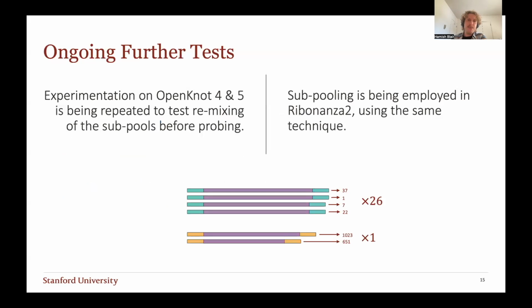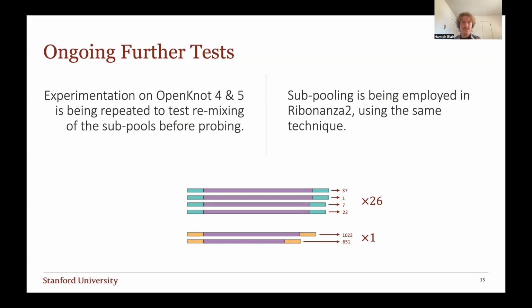And I will finish out by mentioning that there are multiple further tests of RibonazaNet-Drop ongoing. The first one is we're redoing OpenOt 4-on-5 with subpooling, but using a different technique. So originally the technique was to split it into 3 subpools and process each subpool independently.